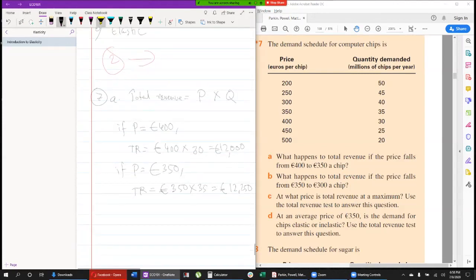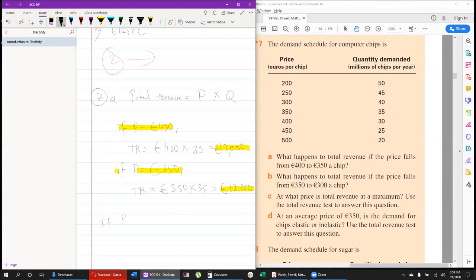Okay, so this is what we find. If price is 400, total revenue is 12,000. And if price is 350, total revenue is 12,250. And I think that's the end of part A. Oh, no, wait. Part A was, what happens to total revenue if price falls? So we still have to write down the answer.